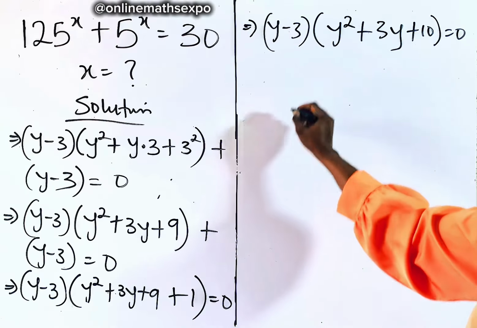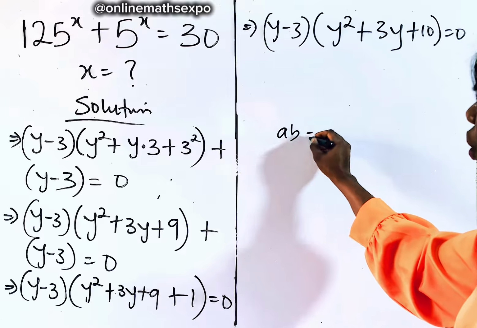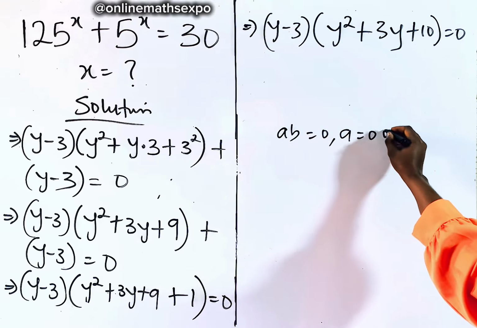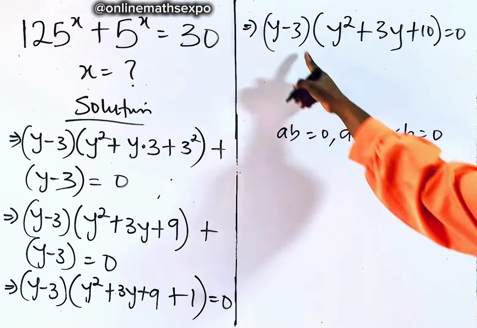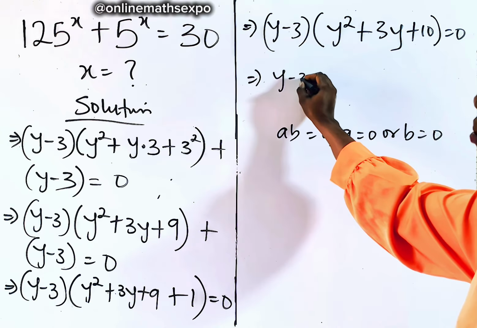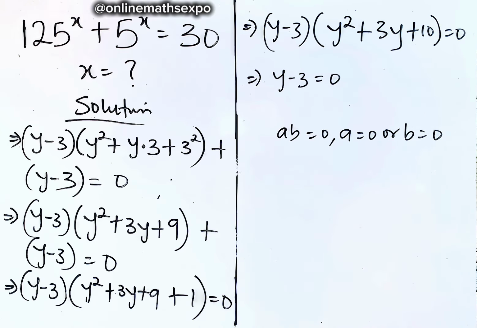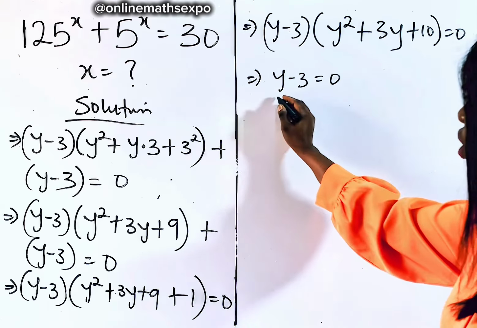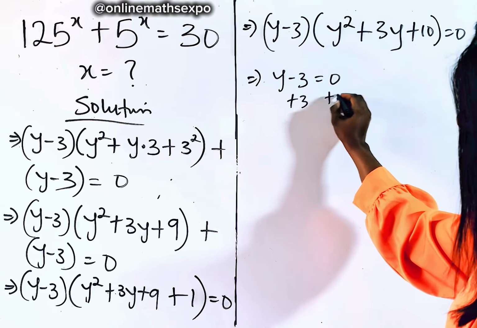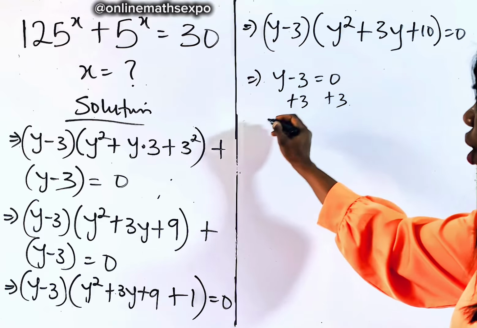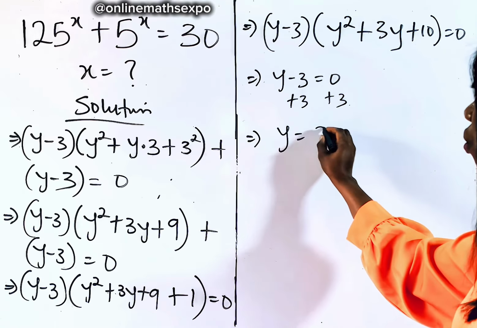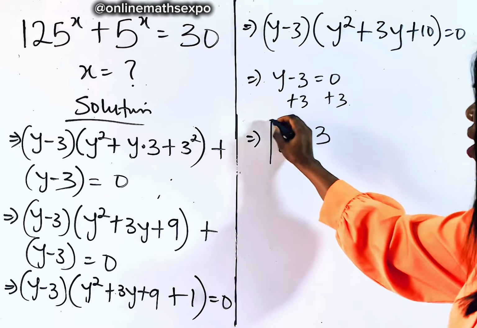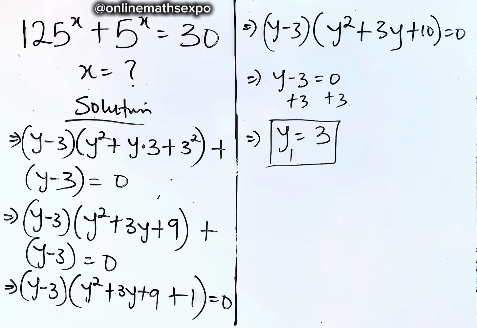Now, when you have a times b equal to 0, either a is 0 or b is 0. So here we're going to have y minus 3 is equal to 0. So to get your y, add 3 to both sides because this is subtraction. And if you do that, y will give us positive 3. And this gives us the first value of y.